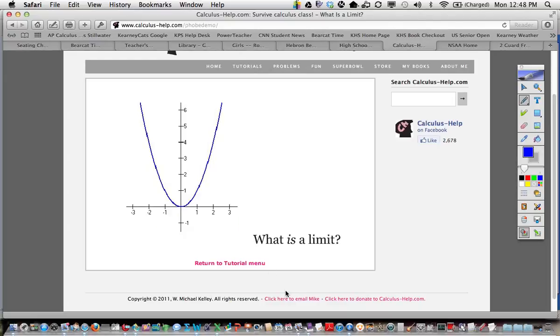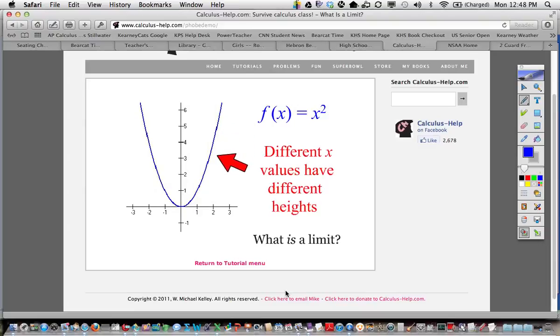Okay. Let's start by looking at a very simple function graph. What I have here is the function f of x equals x squared, basic parabola. You'll notice that the function changes heights all throughout its domain. That's a very fancy way of saying that the function reaches many different heights based on whatever the x value you're looking at happens to be. For example, what if I look at the function height that corresponds to x equals 2?